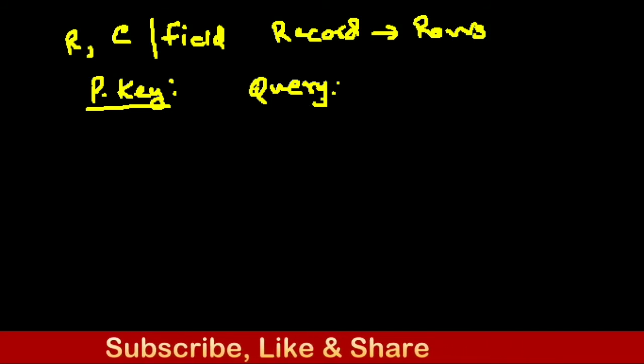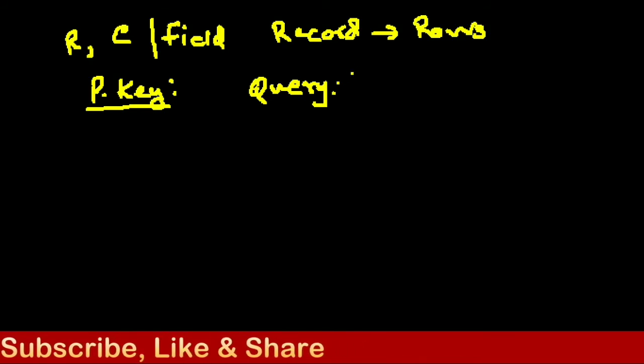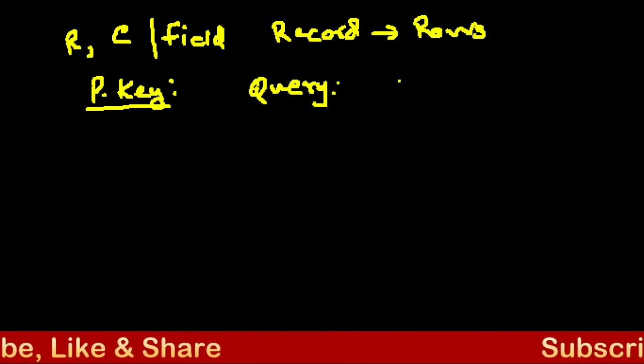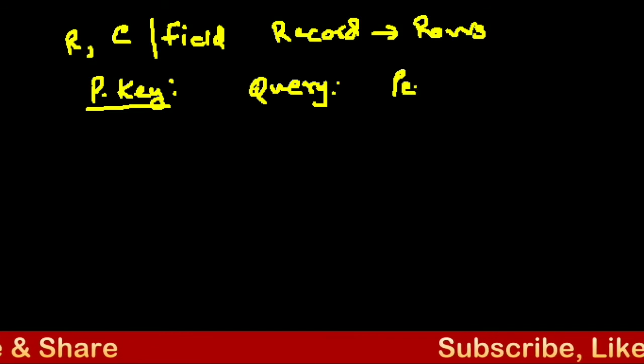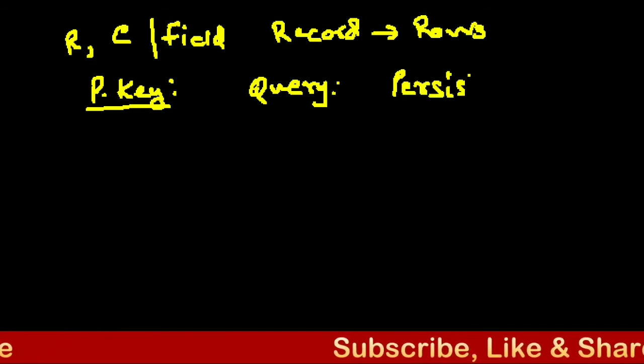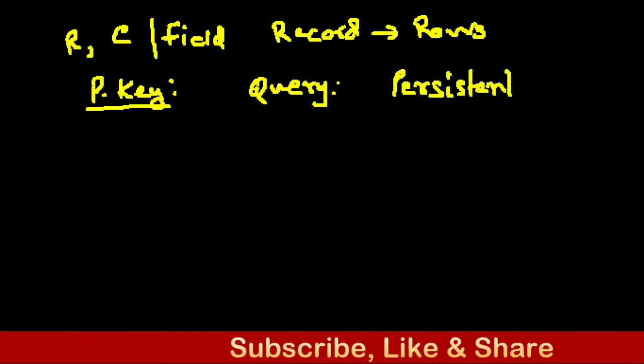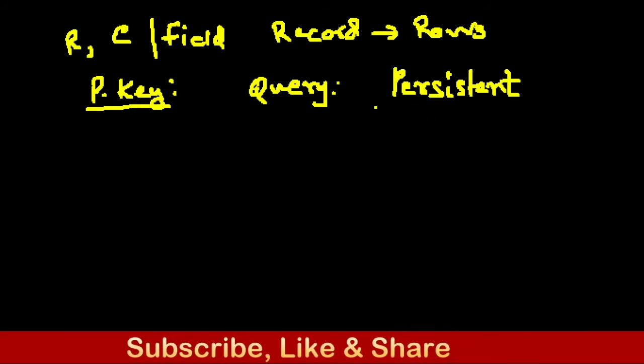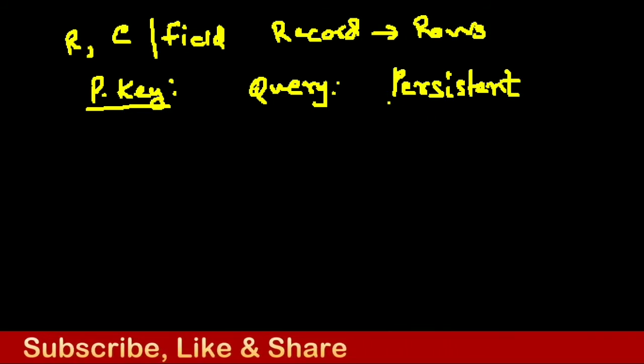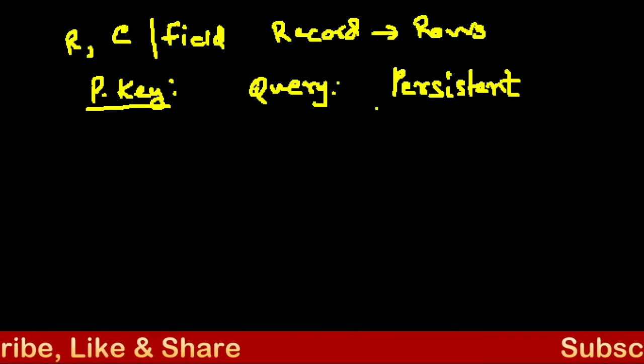Now, the most important aspect of databases, and especially of RDBMS, is persistent storage of data. There are a lot of properties of databases, and we have discussed these properties in the earlier video.